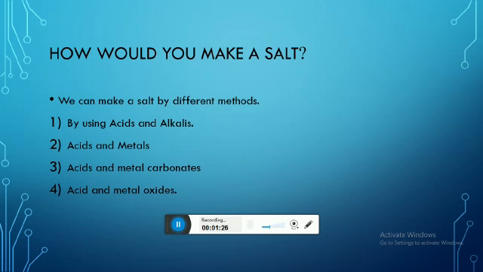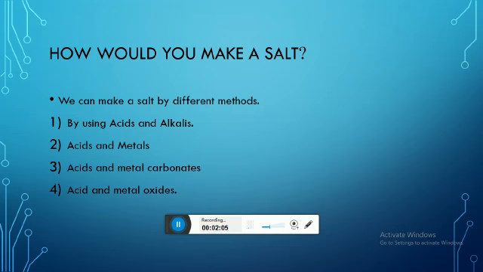The third method is acid and metal carbonates, and the fourth method is acid and metal oxides. We discussed the first two methods last week. Today, our aim is to discuss the third method, how acids and metal carbonates make salt.